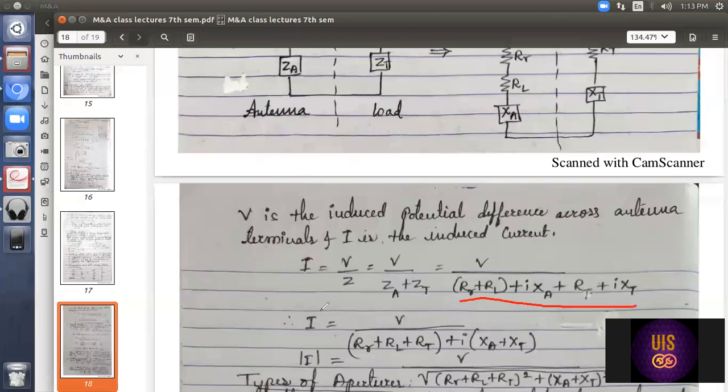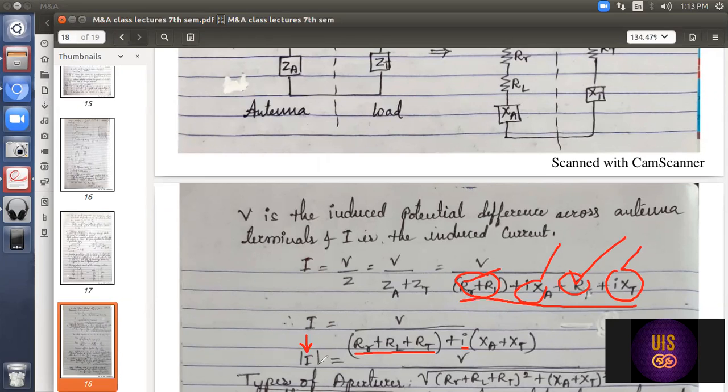Now, further, there are some real parts and some imaginary parts. I will club all the real parts at one place and the imaginary at another. So real parts, 2 terms plus 1, 3 terms. Add all the 3, plus j into the two different reactances, XA plus XT. So this is I equal to this much. But practically, when dealing with these concepts, we try to avoid the imaginary parts. That's why we tend to take the amplitudes.